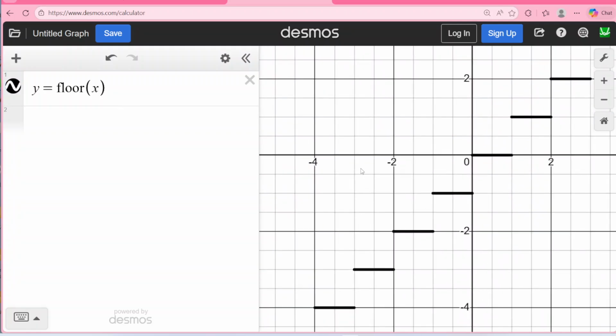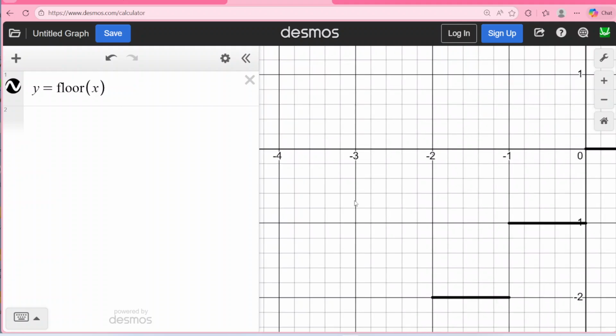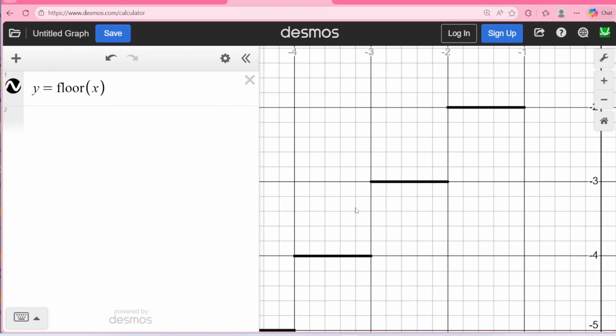Now we're asked around -3. So here's -3, and when you're to the left of -3, you're approaching this point with an output of -4. When you're to the right of -3, you're approaching this point with an output of -3. So the left side limit is -4. The right side limit is -3.